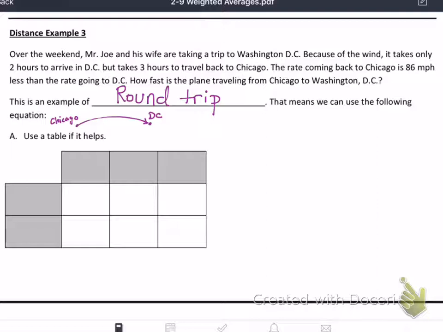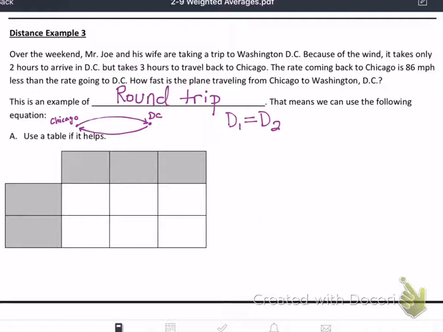But also, the distance from D.C. to Chicago is the same thing. So, a round trip distance, what's special about this is that the distance going there is equal to the distance coming back. And so let's fill in this table again.